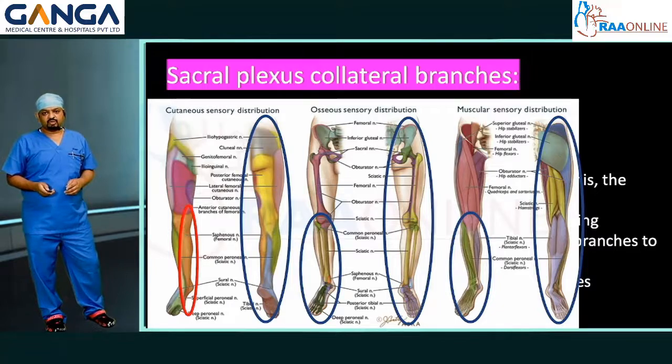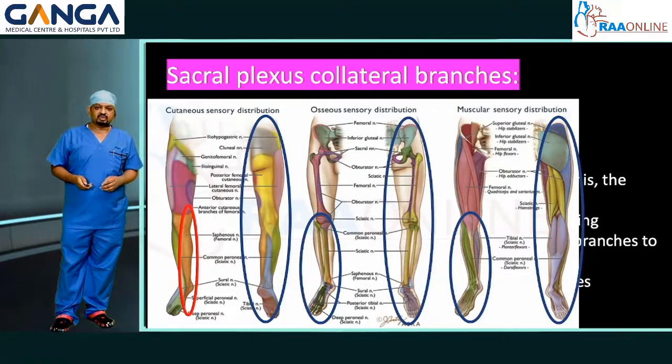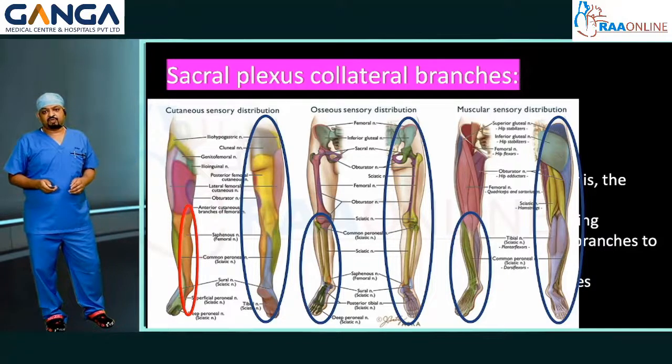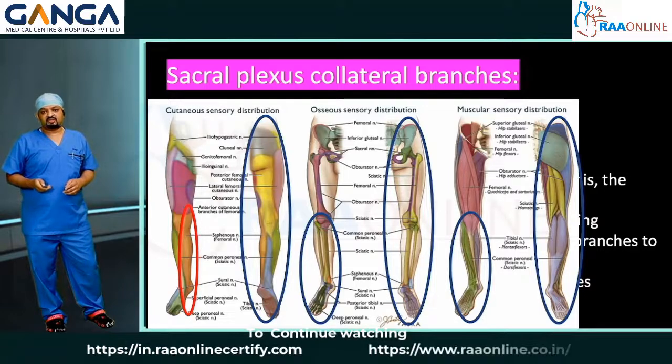In the osteotome, you can see all the bones from the ilium and ischium to the posterior part of the femur and all the bones below the knee are supplied by the sacral plexus. In the myotome, the whole of the hip area, the posterior thigh muscles and all muscles below the knee are supplied by the sacral plexus.